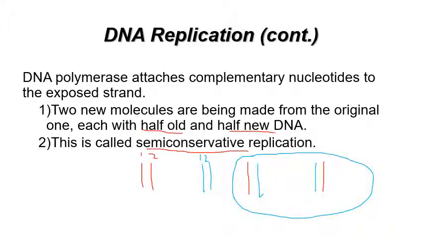Although this new strand is an exact copy of this old strand, and this new strand is an exact copy of this old strand, so this DNA is identical, at least base pair wise, it will have half old and half new DNA strands.